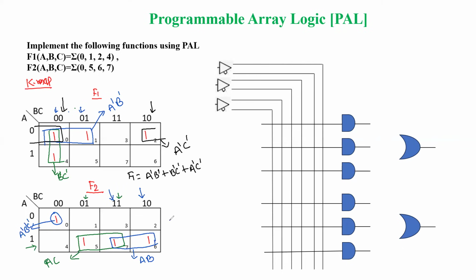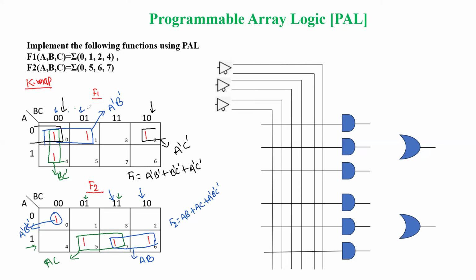So finally we got F2: AB plus AC, which have two literals each, and the third one is A dash B dash C dash. Each function has three product terms, and all are unique. Even if they were not unique, we would not share a product term with another function. Now we'll try to implement functions F1 as well as F2.